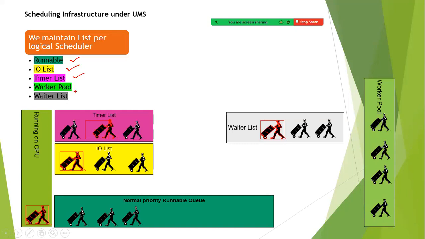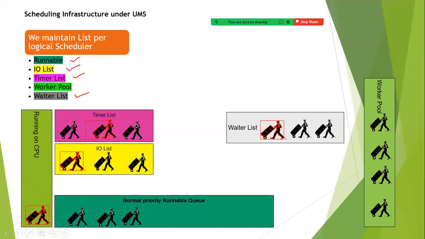Then the waiter list, if the query is waiting for some resources, like some lock, some blocking, or memory, resource semaphore, waiting for some memory to be compiled. So all threads waiting for some resources will be in the waiter list, right?